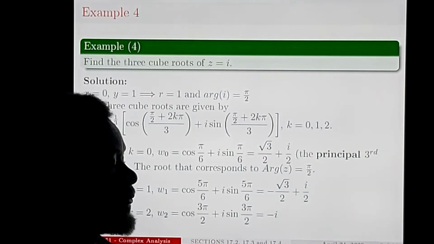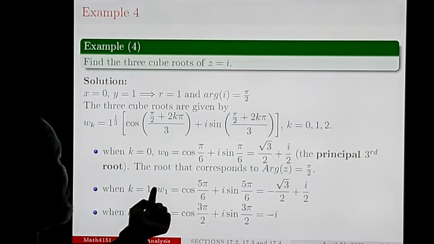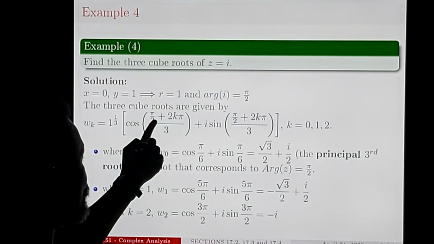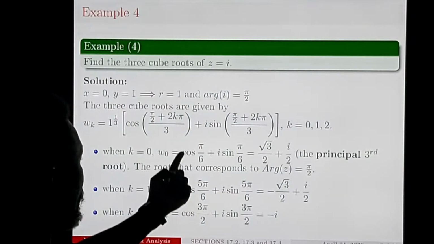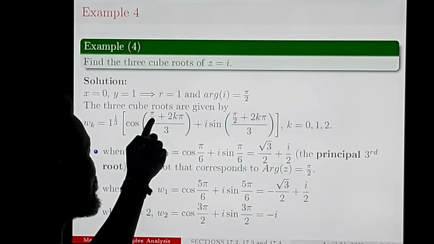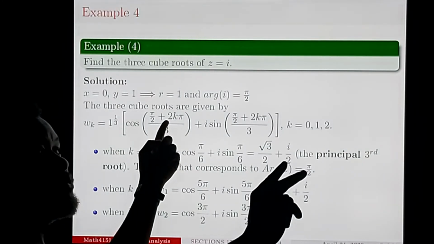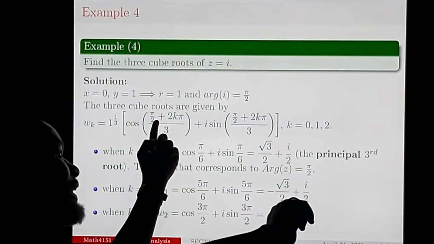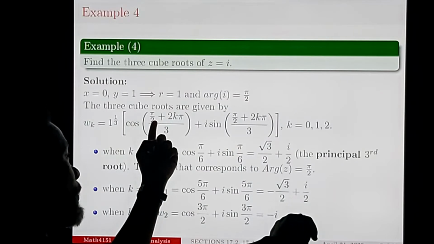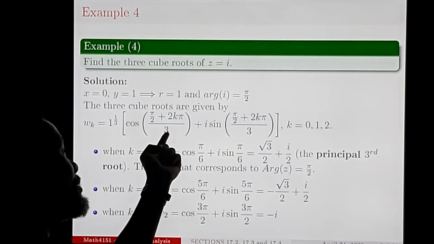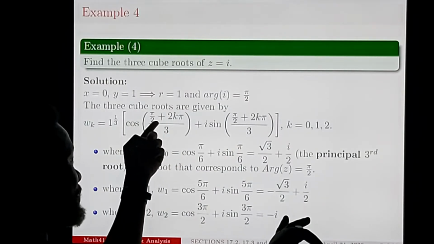Then the other roots: when k is 1, we put 1 here, you have pi over 2 plus 2 pi, which gives 2.5 pi, then divide by 3, which is the same as 5 pi over 6.